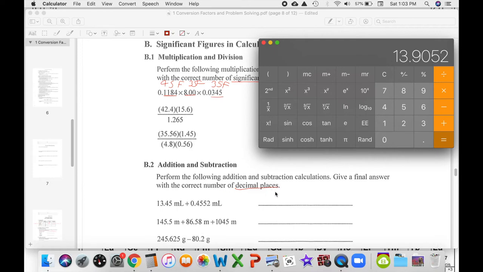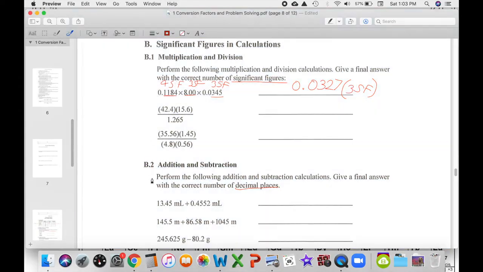So this actually winds up being a lot easier than the problem with significant figures with multiplication and division. So let's look at that first number, 13.45. How many decimal places do we have after that decimal point? Well, the 4 and the 5 come after, that's 2 decimal places. Now let's look at 0.4552.